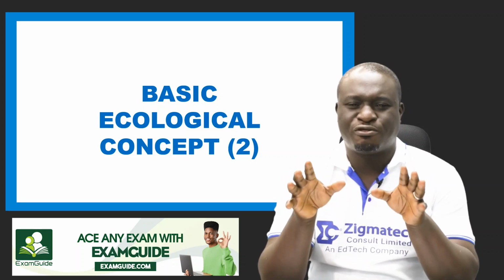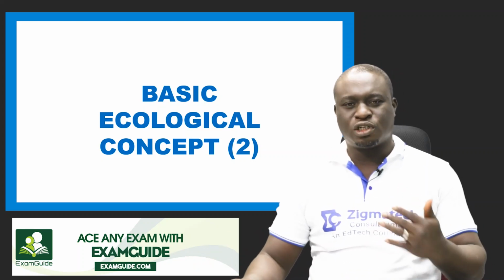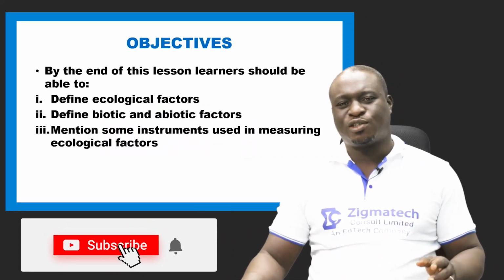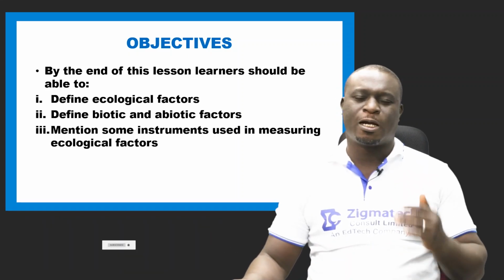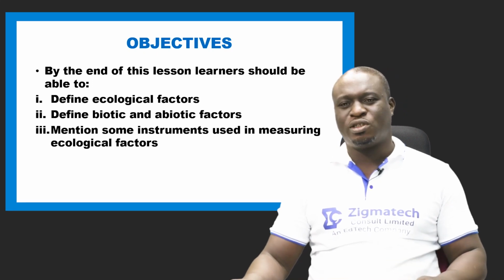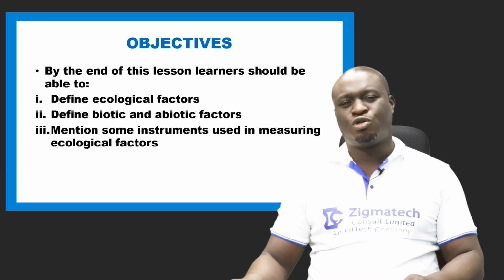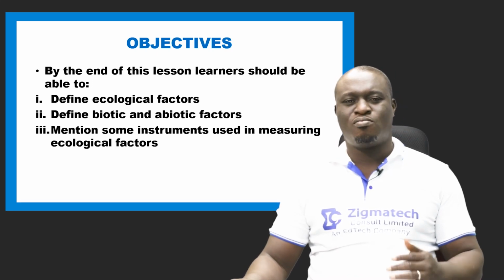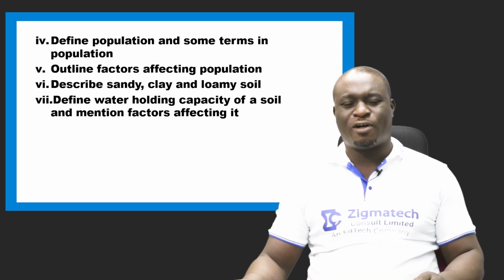But at the end of this particular class, you are expected to note some things, and they are as follows. You should be able to define what ecological factors are, and you should also be able to define biotic and abiotic factors. You should also be able to mention some instruments used in measuring ecological factors.